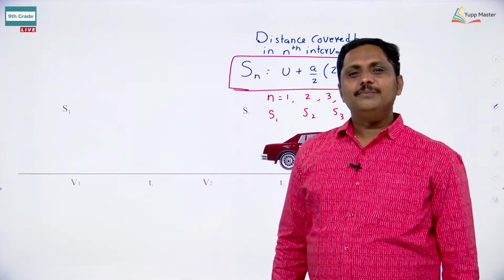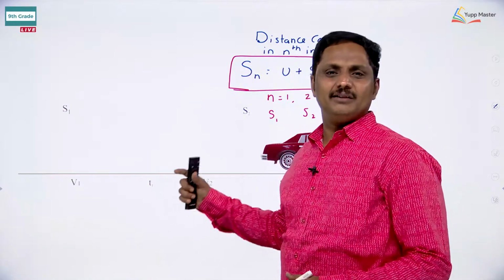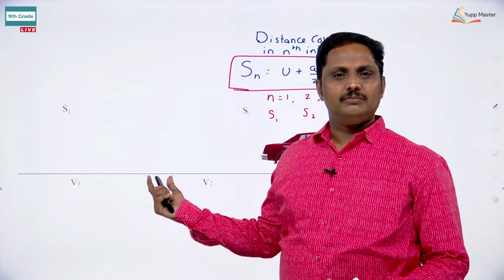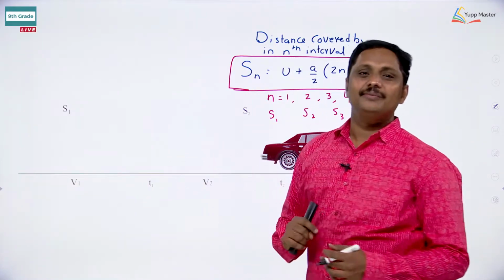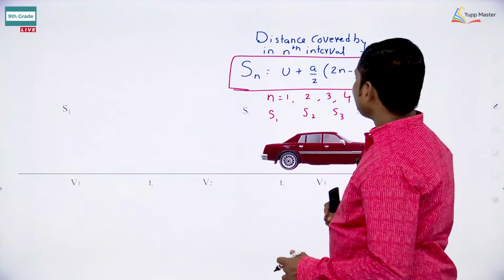Suppose it has been identified as 1D motion, the motion of the body restricted to move along one direction, all right.